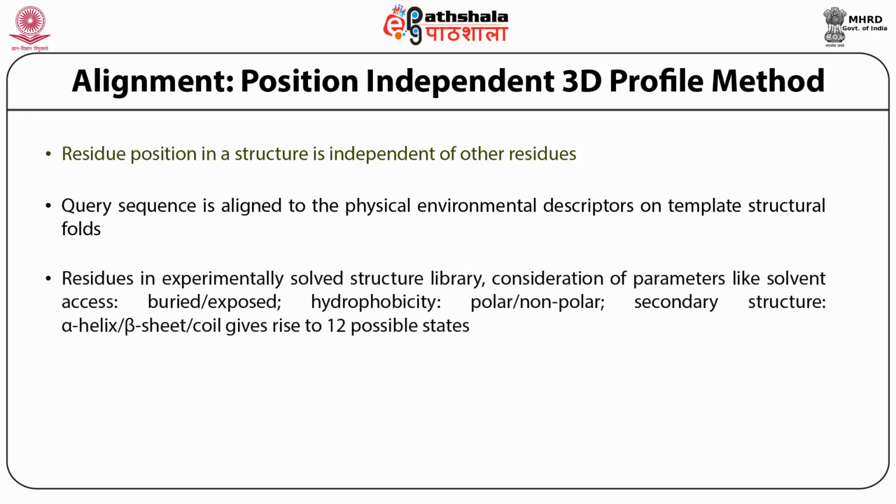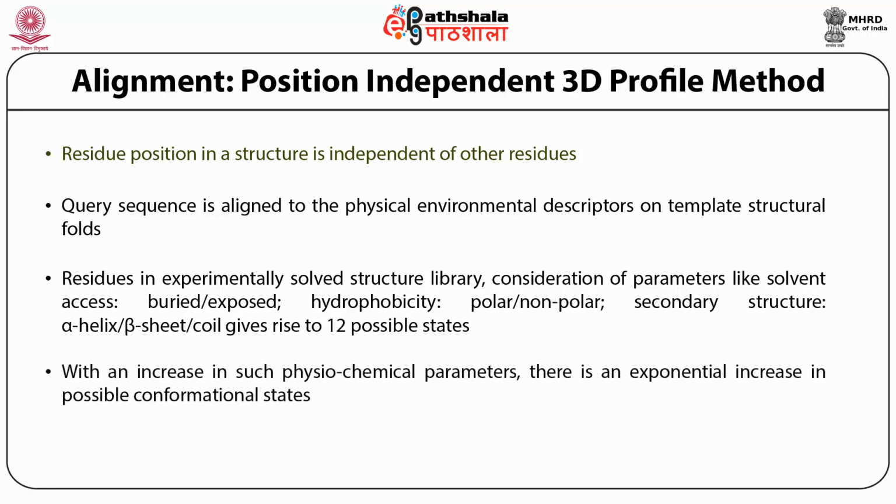For these residues in the experimentally solved structure library, there is consideration of parameters like solvent access, which could be either buried or exposed, the hydrophobicity, which could either be polar or non-polar, and finally the secondary structure, which could be an alpha helix, beta sheet, or a coil, giving rise to a total of 12 possible states. With an increase in such physicochemical parameters, there is an exponential increase in possible conformational states.